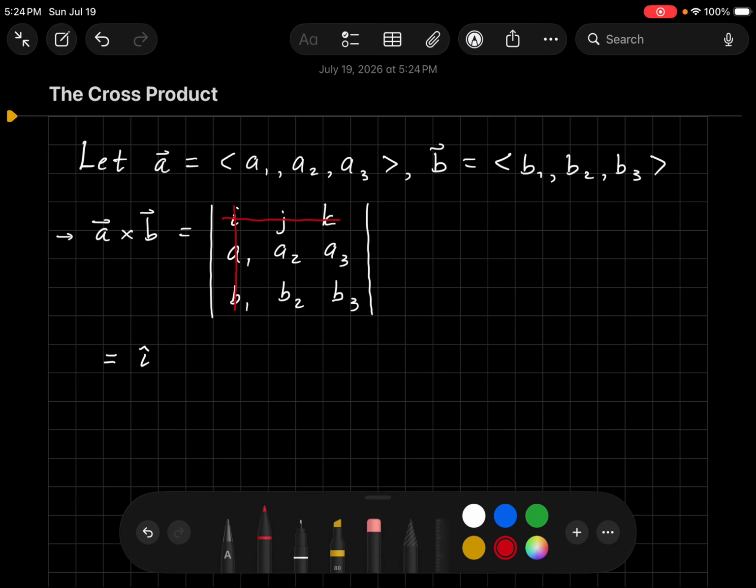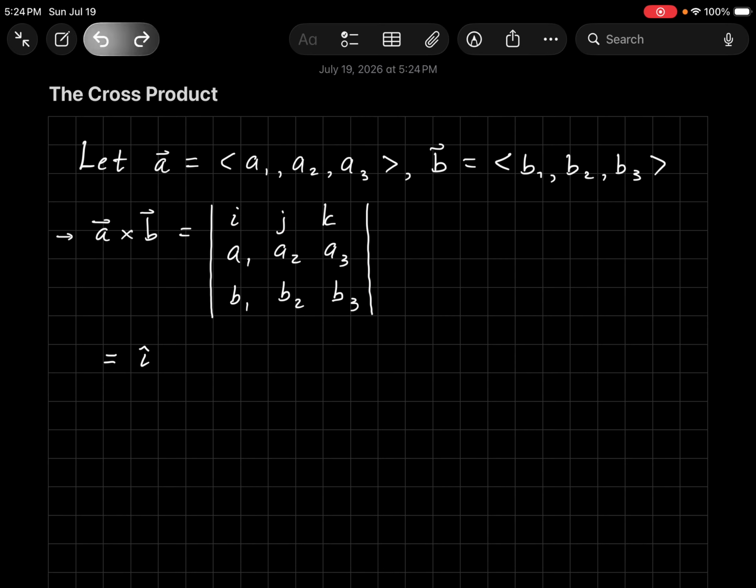And then we're going to do the determinant of the 2 by 2 matrix left over. So we're going to do i times the determinant of the matrix that was left over, which would be a2 times b3 minus a3 times b2.